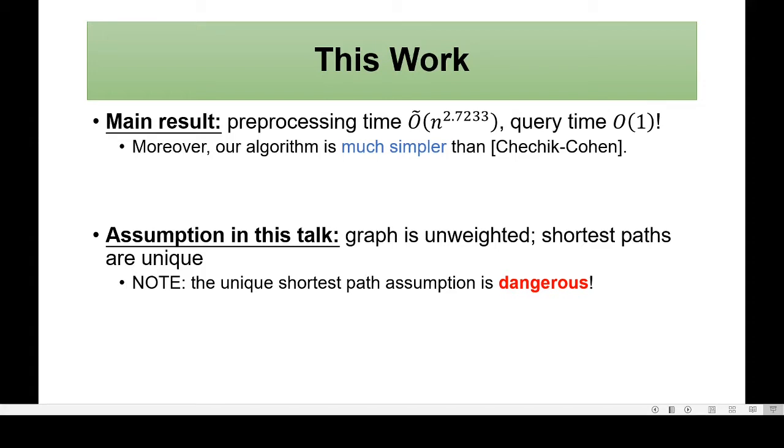This is because in an unweighted graph, the shortest paths are typically not unique, and if we want to ensure unique shortest paths, we need to perturb the edge weights by small random amounts, and after that, the graph is no longer unweighted and we cannot use the subcubic APSP algorithm on these graphs. However, we will still assume the shortest paths are unique in this talk.